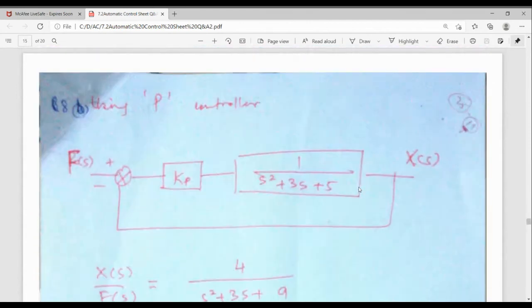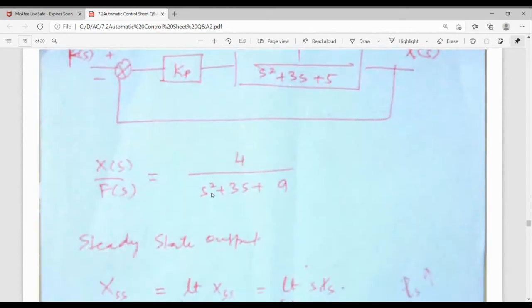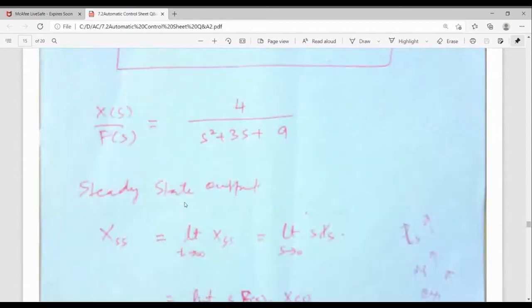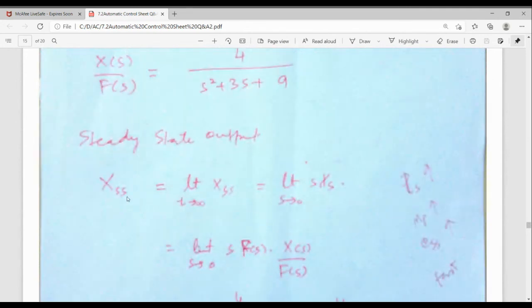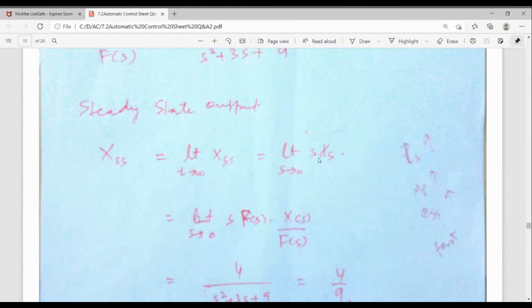Here is question number 8. Here is P controller. Okay, PID controllers. We are going to the PID controllers. P means what? Just add a block Kp whose value is given. Okay, and the transfer function is given as this. So steady state output is the limit as t tends to infinity, which is limit s tends to 0 of s times X of s. And what is the input for P controller? 1 by s.